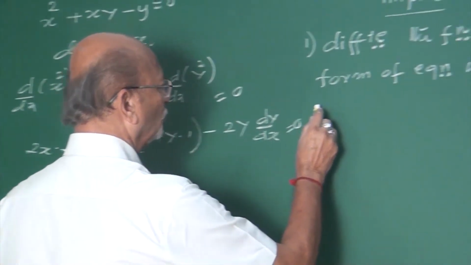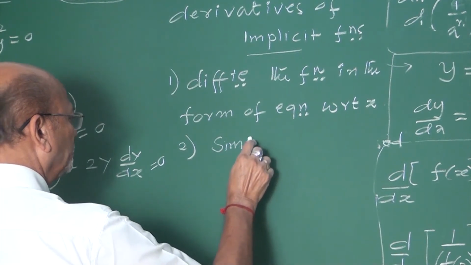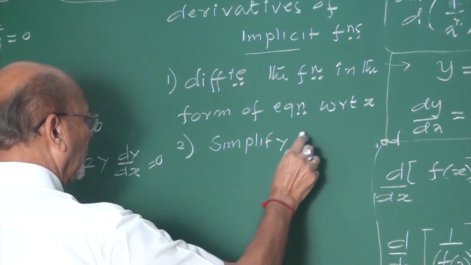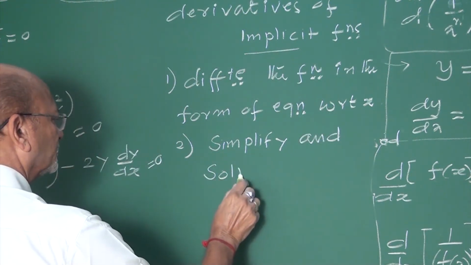What is the second rule? Simplify and solve for dy by dx.